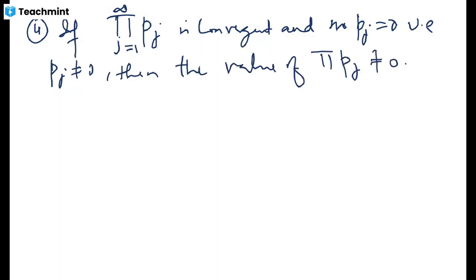We have to be very careful. So these are the observations that you need to keep in mind, and these are immediate consequences of the definition of the convergence of the infinite product.